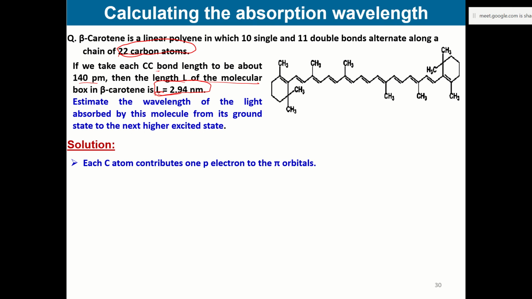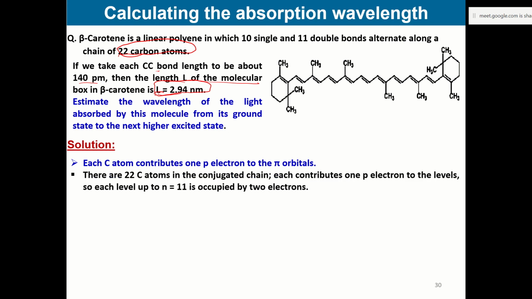So note the point: each carbon atom contributes 1 p electron to the pi orbital. So you have to find the orbitals which are the HOMO and LUMO. You have to find the highest occupied orbital.